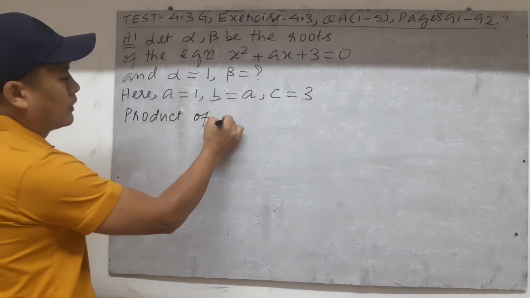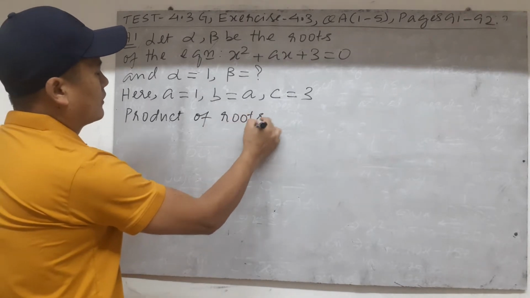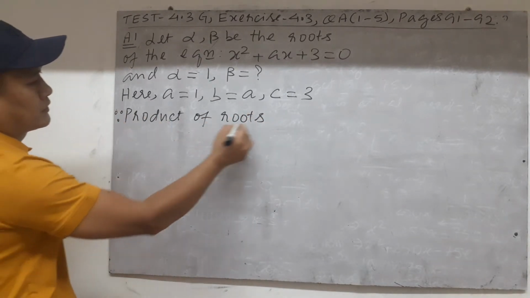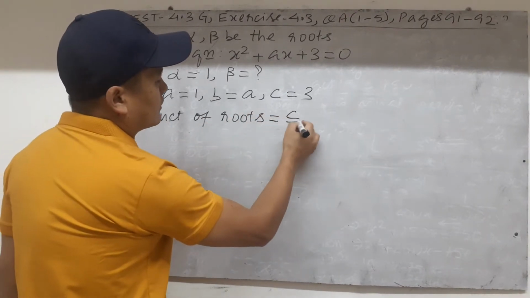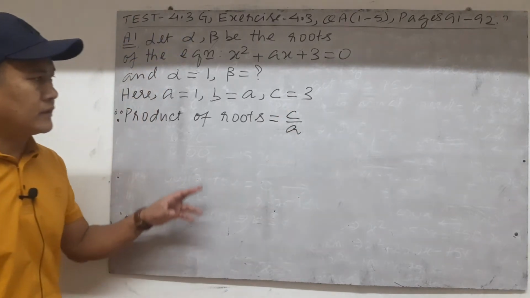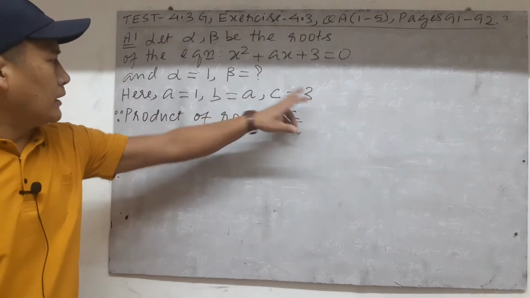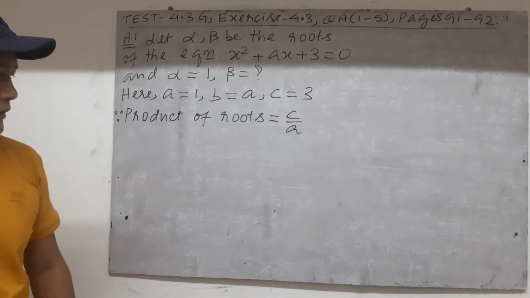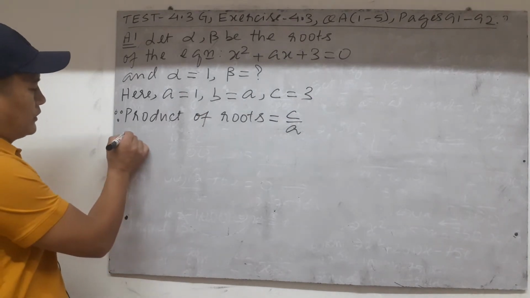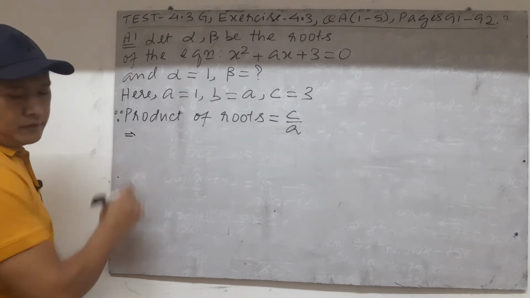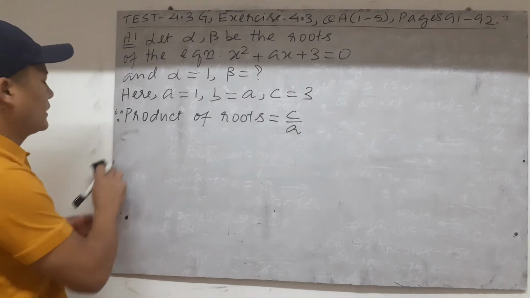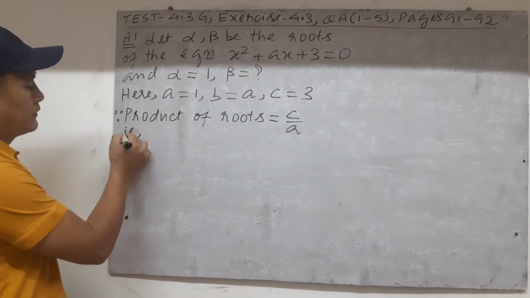Product of roots. We know the product of roots formula is c by a. I'm using c by a because c and a values are given. That's why I chose that. Now we can just write here one more step if you want. That implies, also fine.